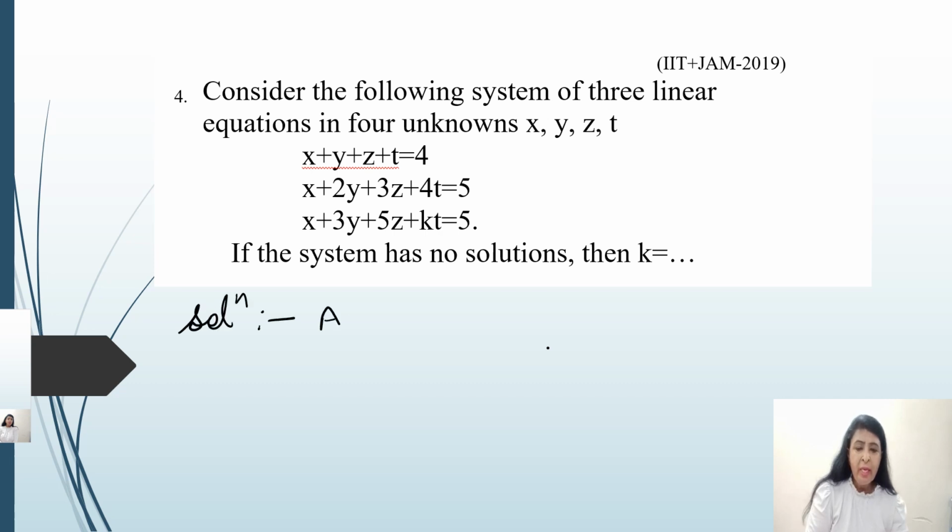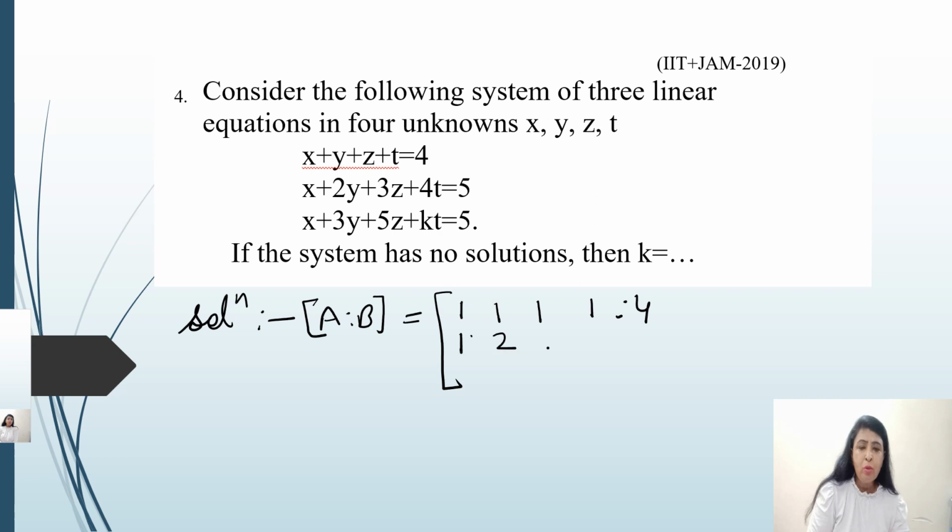So the augmented matrix B is equal to 1 1 1 1 4, 1 2 3 4 5 and then 1 3 5 k 5.